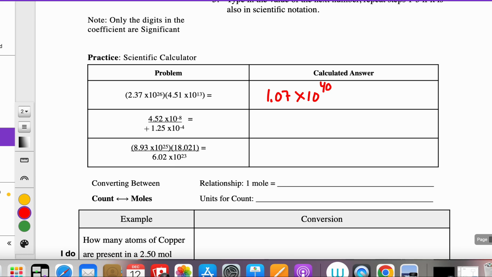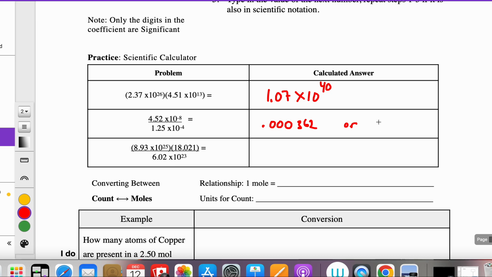The next example, put 4.52 times 10 to the negative 8, hit your division button, and then put in 1.25 times 10 to the minus 4, hit your equal button. Now, depending on your type of calculator, if you get an answer that reads out, it should be less than 1, so it could read out as 0.000362, or your calculator could also give you this answer in scientific notation.